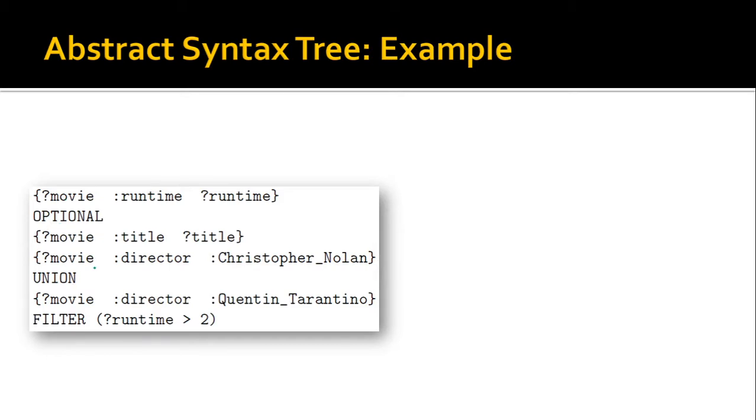Then you have another triple block which is connected to another triple block using union, and then you are applying filter over the entire thing. So first you can see that you have got different triple blocks. So you have got different triples. Let us name it to be triple one. This is your triple two. This is your triple three, and this is your triple four.